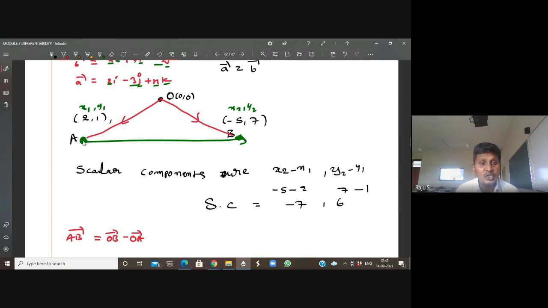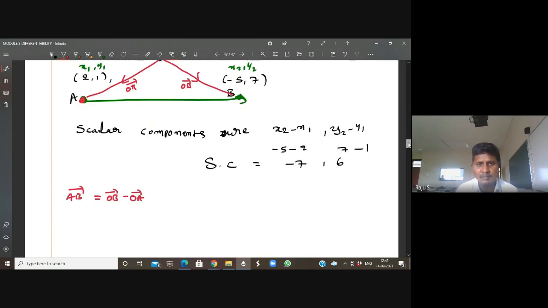The position vector of the point A is OA, and the position vector of the point B is OB. Every vector has an initial point as well as a terminal point.